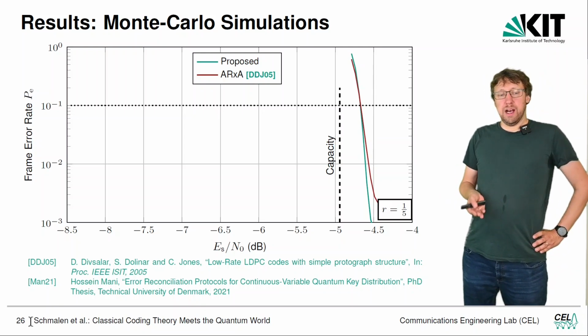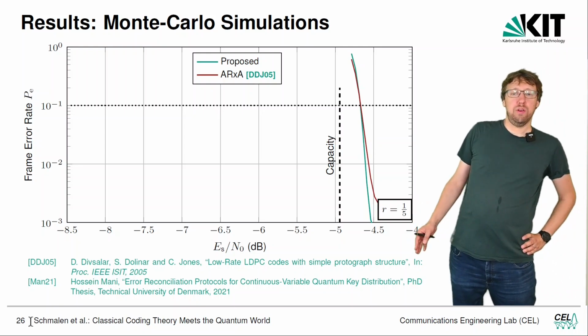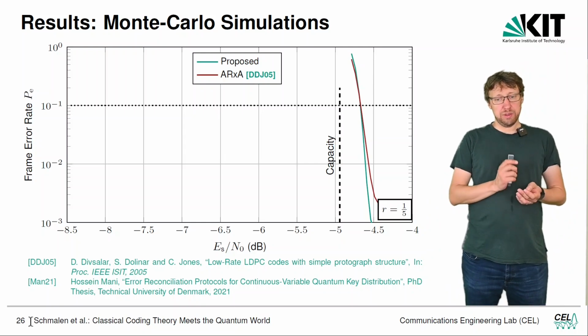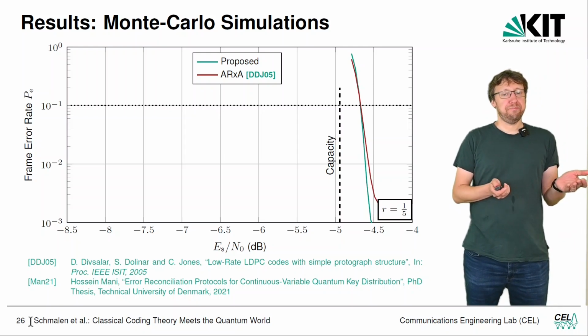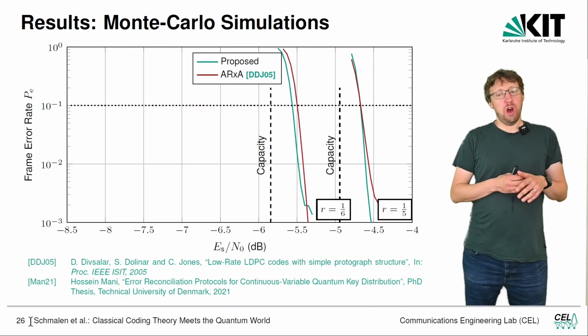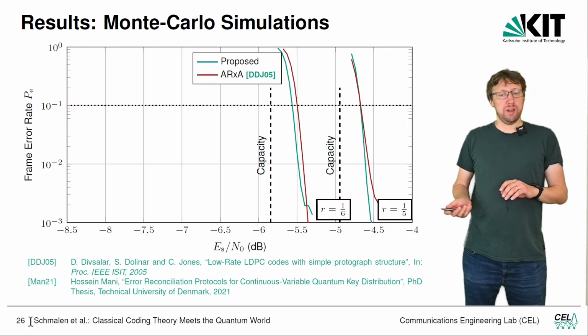And we start with a code of rate 1/5, and we see that our scheme has more or less the same performance as the ARXA code, and they perform within half a dB of capacity. If we reduce the rate, we actually start to outperform the reference code, and we still perform close to capacity.